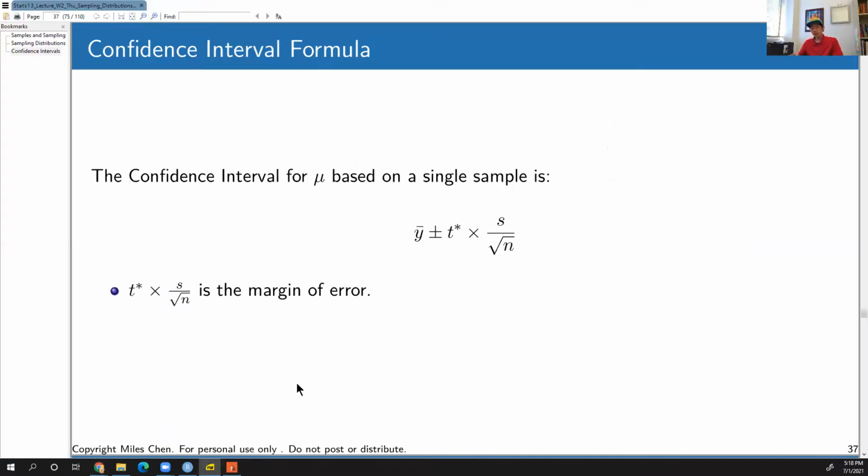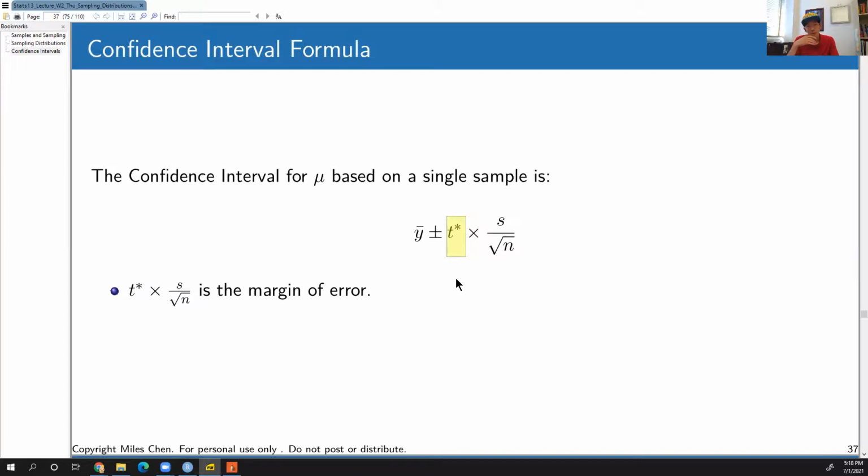When we create our formula, when you take a sample, your sample has a mean y bar. This is like observing the dog at 30. Where can we be confident that the mean of the population is? It's going to be between plus or minus a number of standard errors. How much do I go up or down?